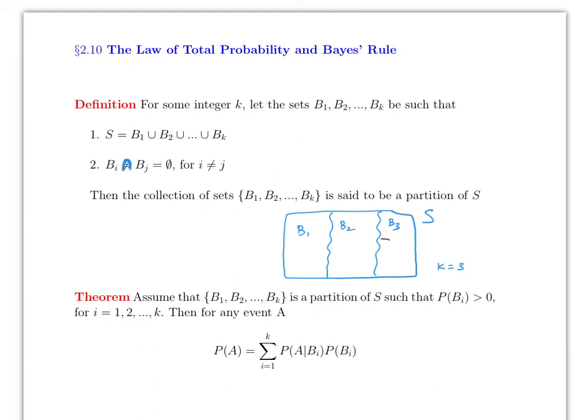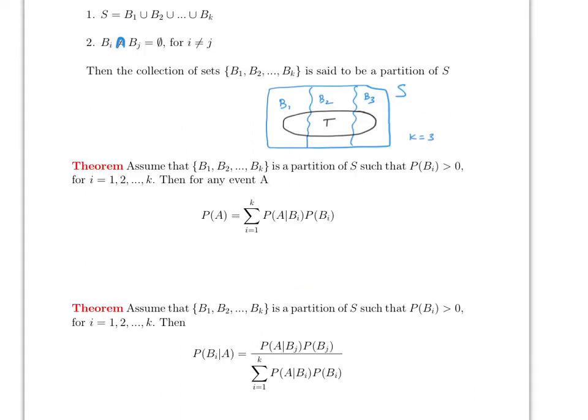So therefore, if you wanted to find the probability of some event, let's say t, then you had to do what we did in the last section, but now you have to do it 3 times. The intersection with this one, the intersection with this one, and the intersection with that one. Okay, which is what the next following theorem says. Assuming that b1 through bk is a partition of S such that the probability for each partition is positive, then for any event A, the probability of A is going to be the sum of all the intersections with the partition.